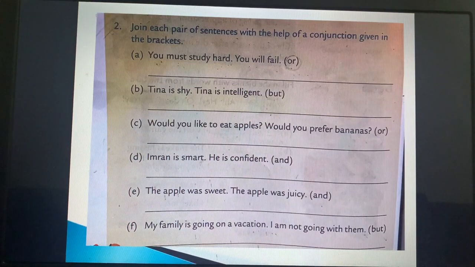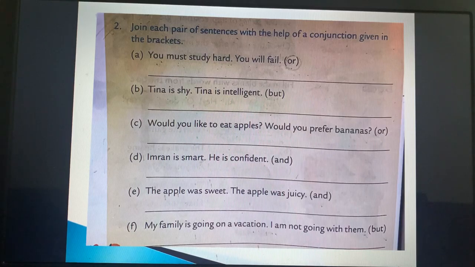Next is join each pair of sentences with the help of conjunctions given in the bracket. आप सबने conjunctions पढ़ी हैं. You all have read about conjunctions. Conjunctions are the joining words which join two sentences to make one sentence, or phrases or clauses. We have done three conjunctions, not kinds.